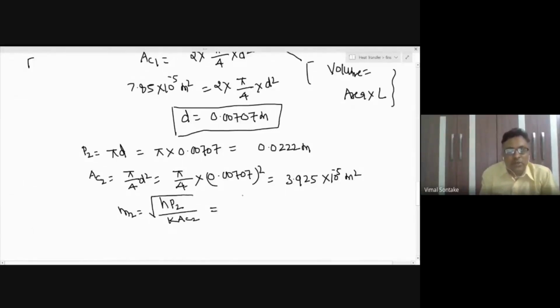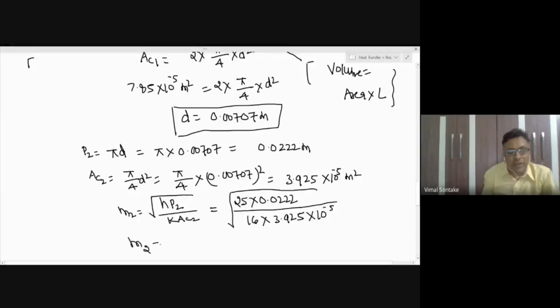So h value is 25, P2 is 0.0222, k value is 16, and cross-sectional area is 3.925 into 10 to power minus 5. So from here, the value of m2 will be, please calculate it. Will I get 29.73 meter inverse?